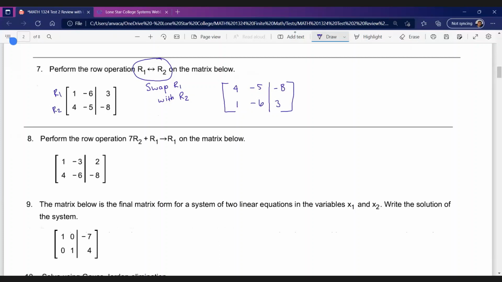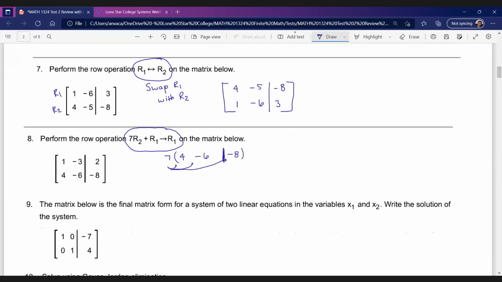On number 8, it says to perform another row operation, which says multiply row 2 by 7, add it to row 1, and that becomes our new row 1. So let's take everything in row 2 and multiply by 7. This is not a 1, this is just a vertical bar.